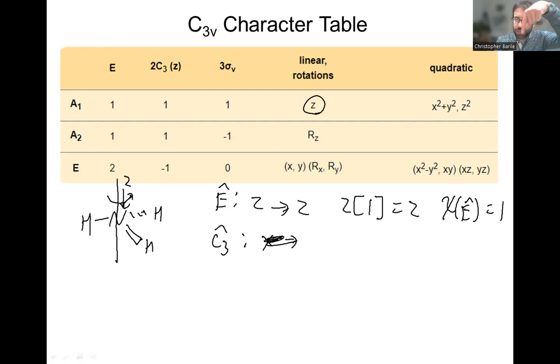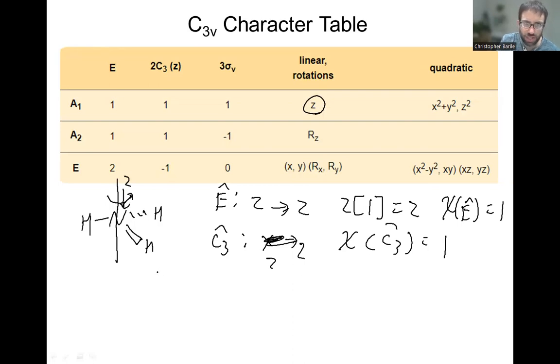So imagine you have the Z vector and you're spinning it 120 degrees, like you have a piece of string and you're spinning the Z vector. That's actually not going to change that Z vector at all. So in that case, Z is still going to go to Z. So again, you're going to get your character for C3 hat equals 1.